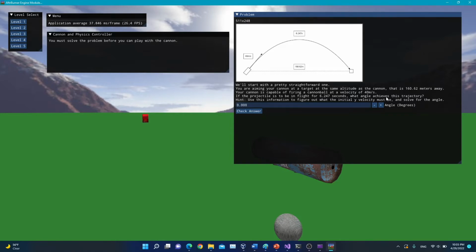As it says, the target is at 160.62 meters away. Our cannonball will fire at 40 meters a second, and the trajectory should have it in the air for about 6 seconds.